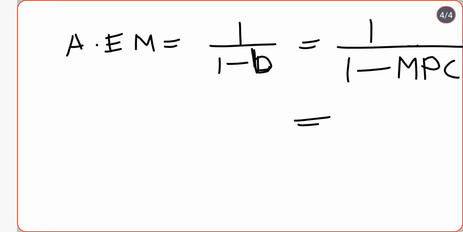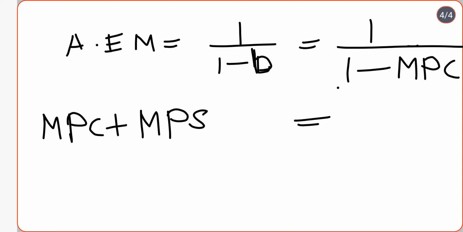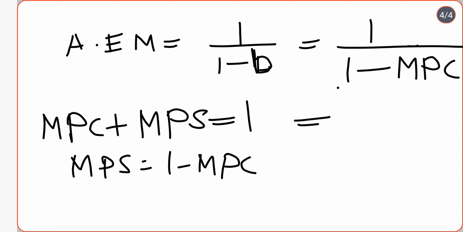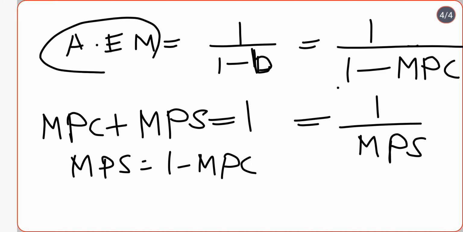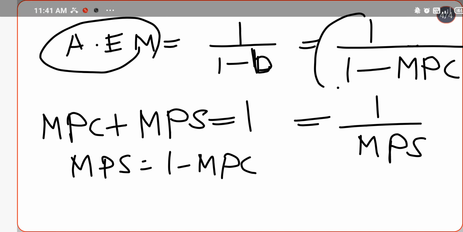So 1 minus MPC is also known as MPS, because MPC plus MPS, the marginal propensity to consume and marginal propensity to save, equals 1. So MPS can be written as 1 minus MPC. So in the place of 1 minus MPC we may write MPS. So 1 by MPS is basically the autonomous expenditure multiplier, and it can also be written as 1 by 1 minus MPC.